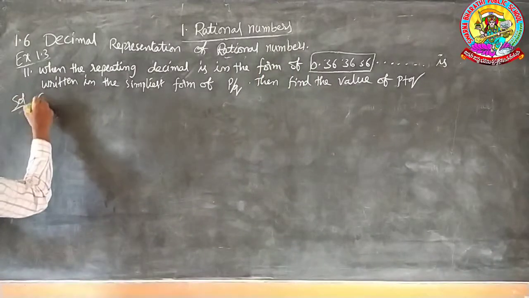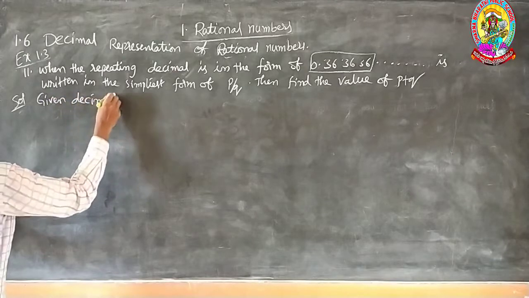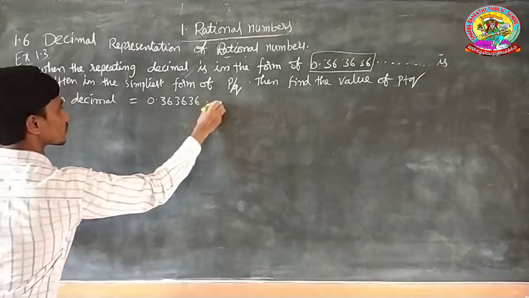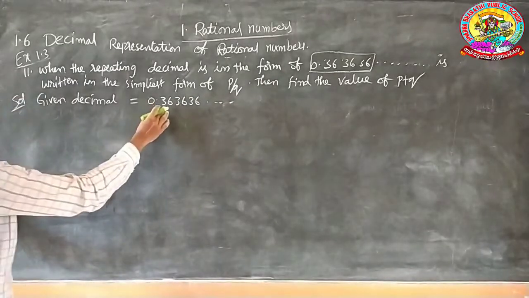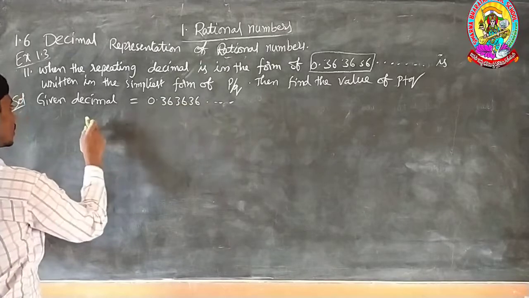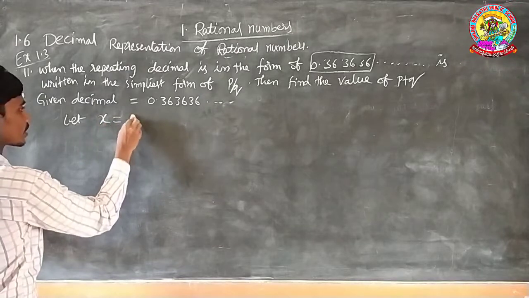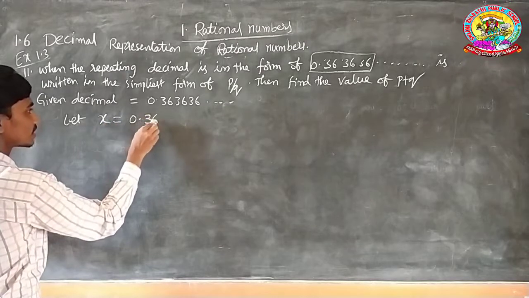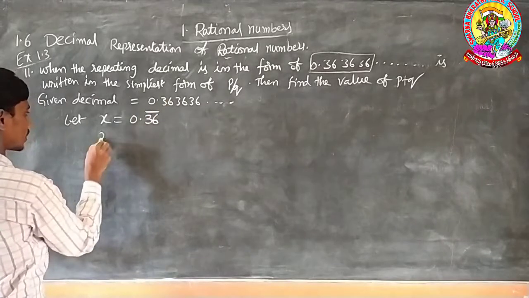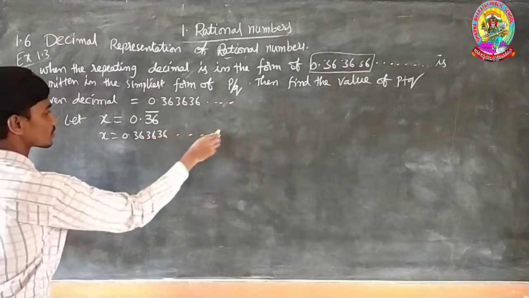Solution: the given decimal is equal to 0.363636 and so on. Let it be x. Here 0.3636 is continuously repeating, 36 bar, so x is equal to 0.363636 and so on.